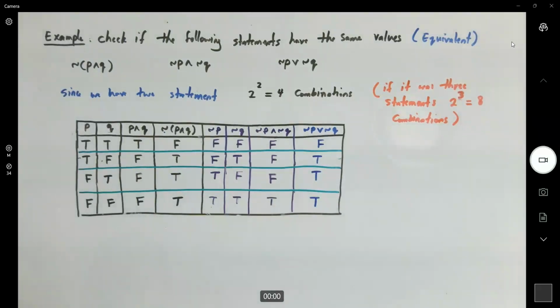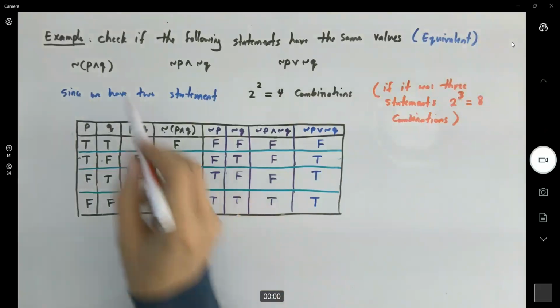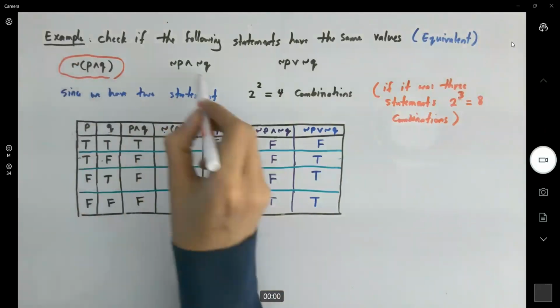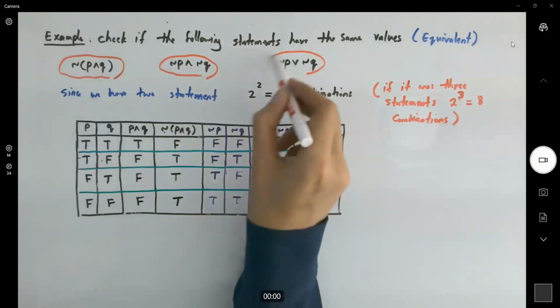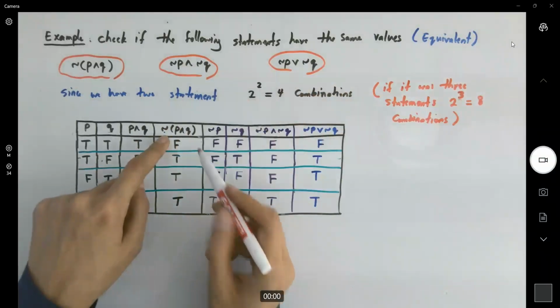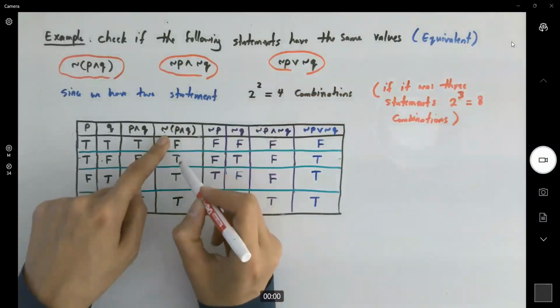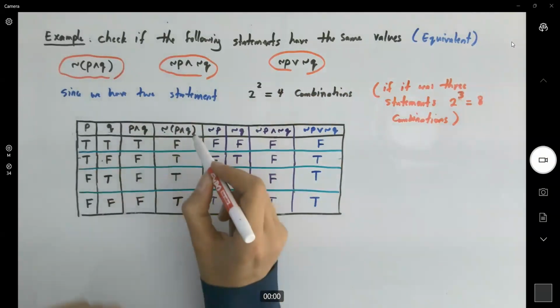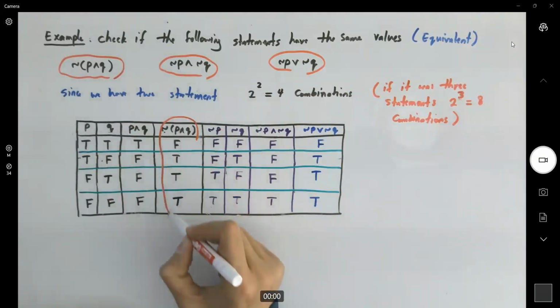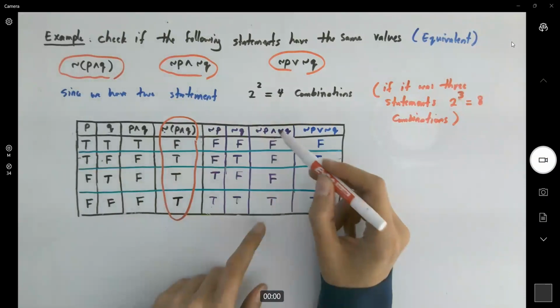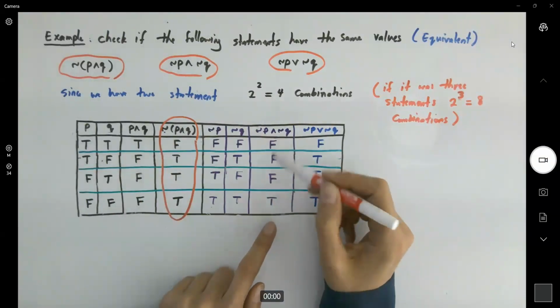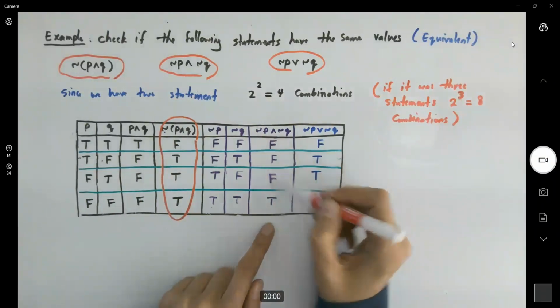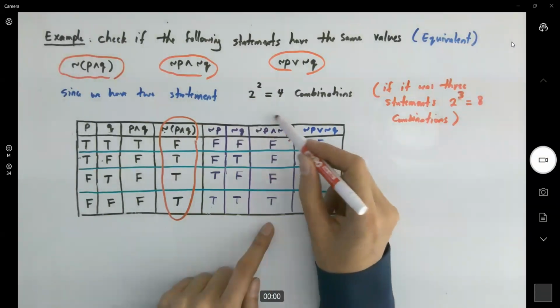Now just check the columns related to the compound statements. These are the truth values for the first compound statement. These are the truth values for the second compound statement.